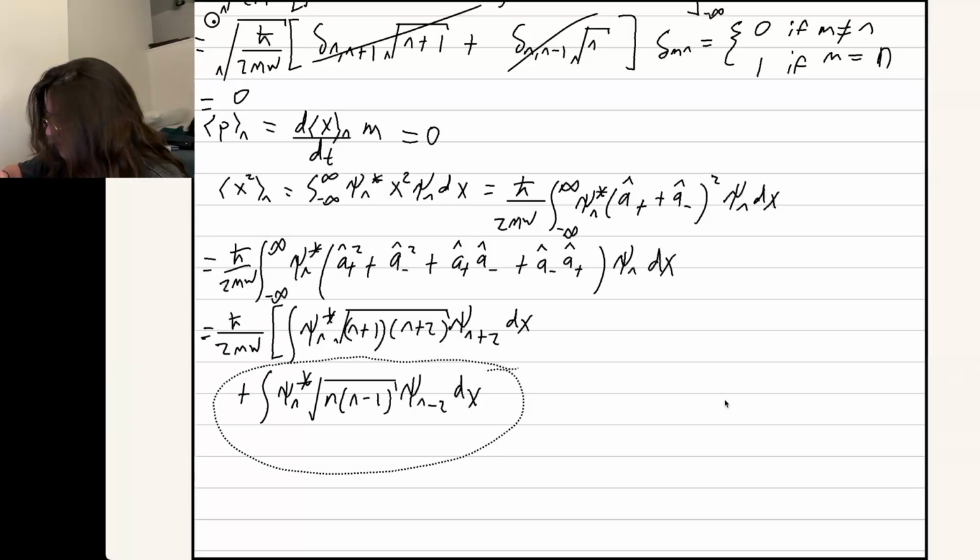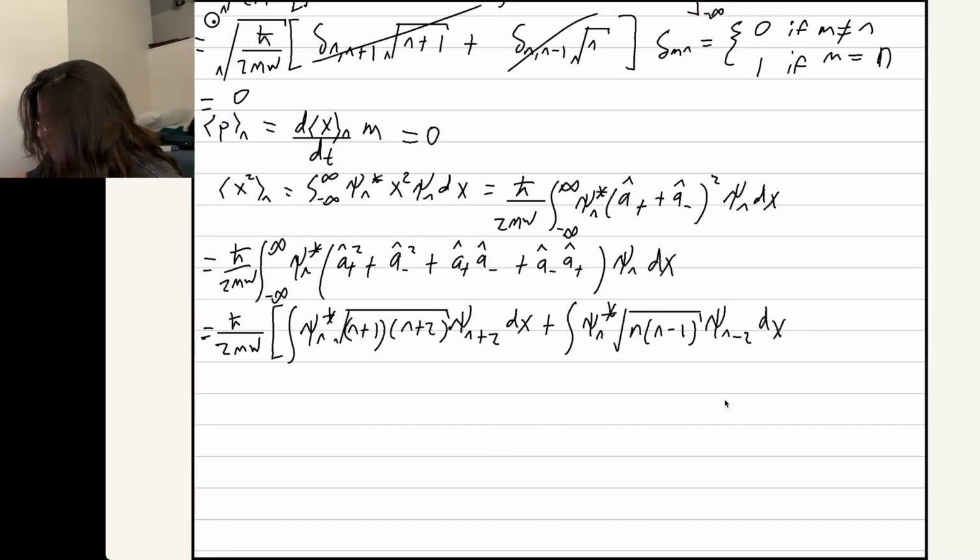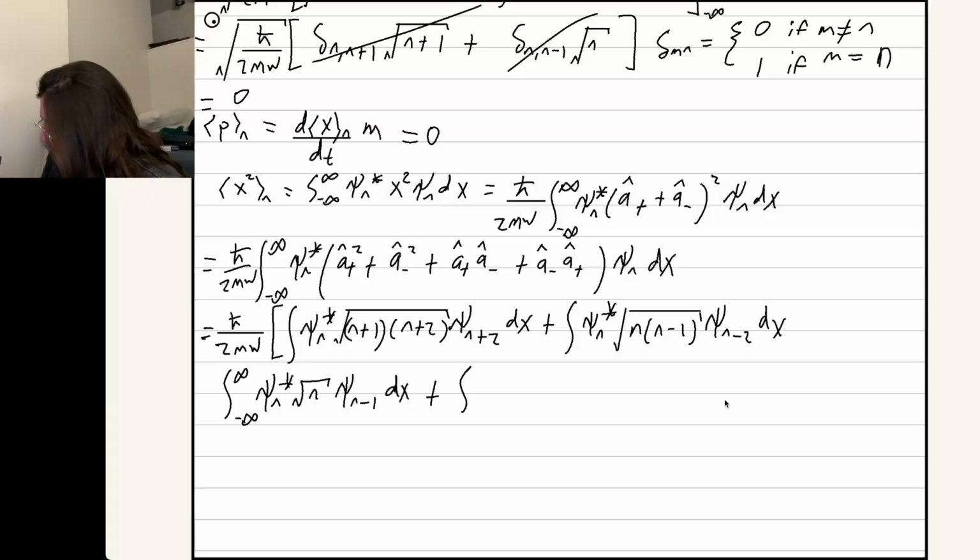The other two terms are both tricky in comparison, and so I'm only going to act the one operator at a time. So first, that third term is going to act the lowering operator on psi n, which gives you a factor of root n times n minus 1. And then the fourth term acts the raising operator on psi n, so we'll have a factor of root n plus 1.